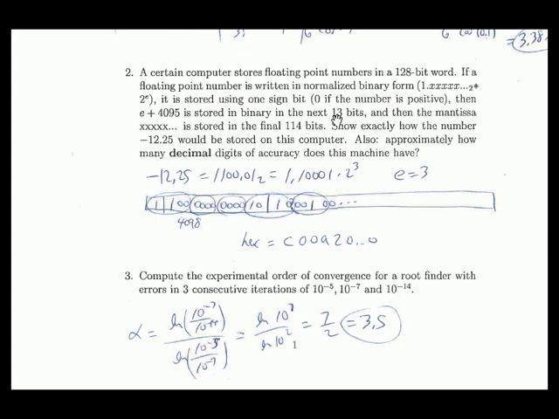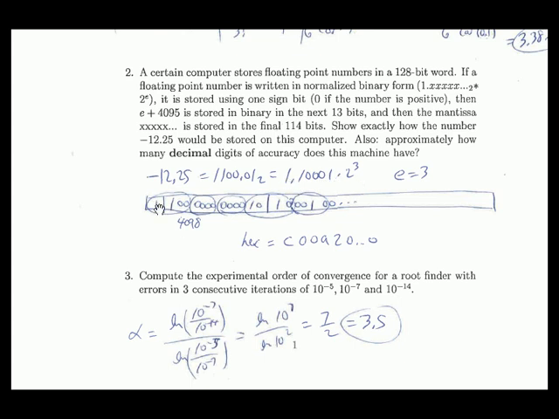So it asks how would you store that in this fictional computer? Well, it's pretty much the same as what we did, except you have 13 bits for the exponent and 114 for the mantissa, but you convert minus 12.25 to binary. It's the same as before. This is a normalized binary, so E is still 3, mantissa is still 10001.